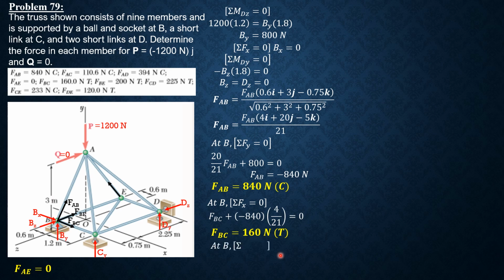And summation of forces along Z at B equals 0. So take note FBE is assumed to be in the negative direction.